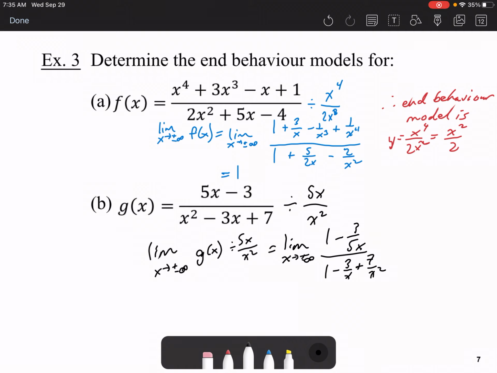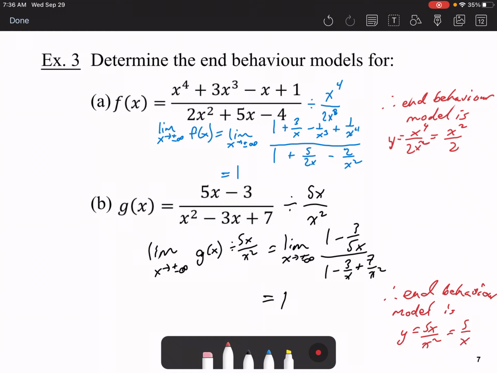So again, all of them tend to 0 except for the two 1s, which give you a value of 1. So here, our end behavior model is just 5 over x.